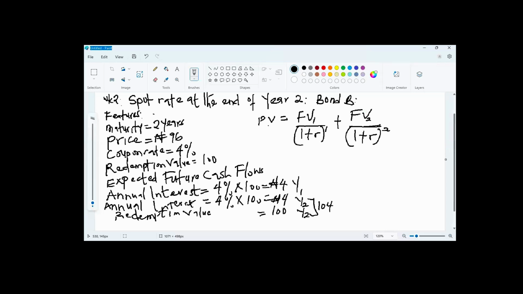My present value, the price of the bond, 96, is equal to future value in year 1, annual interest in year 1, that is 4, divided by 1 plus R. R in year 1, we have computed. What is the spot rate in year 1?